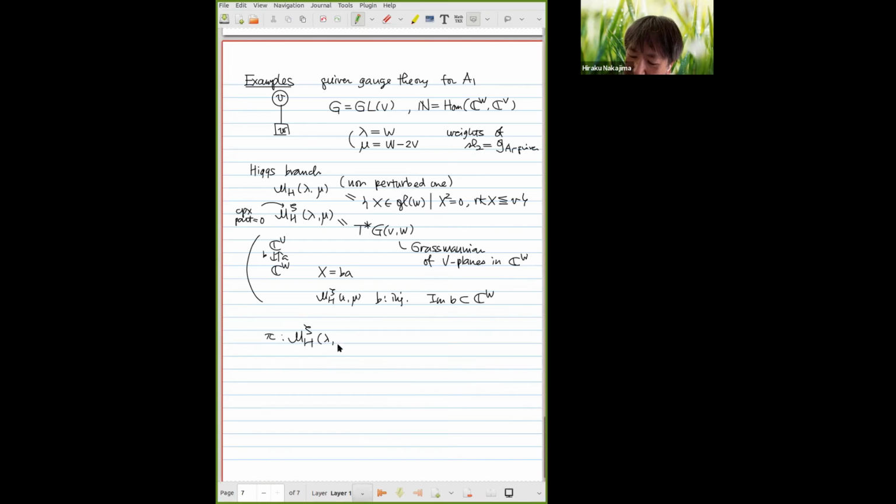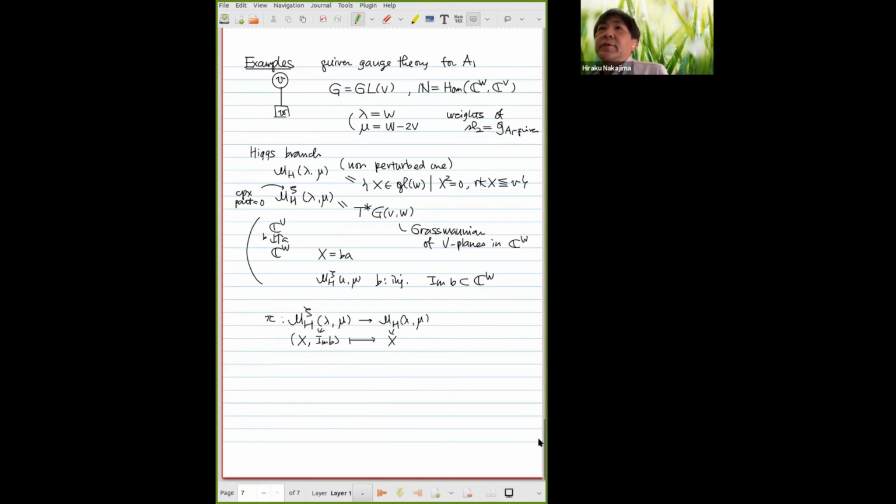In that case, I have a homomorphism, a projective morphism. You can consider the cotangent bundle to the pair of this subspace and also this X, and you just remember this X. And the fiber is basically the Grassmannian. So this is the projective morphism.